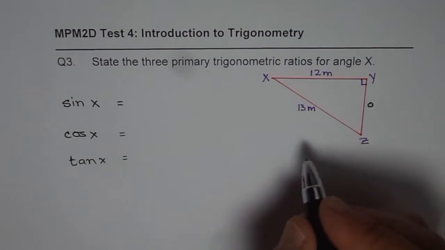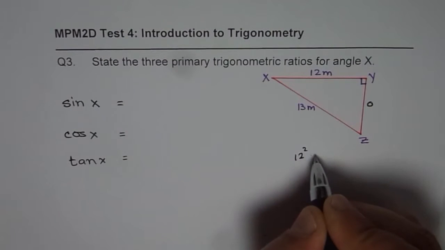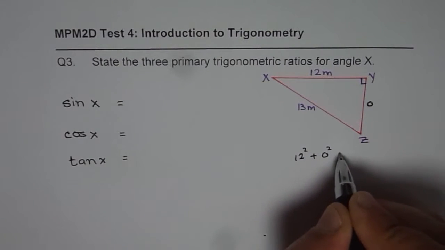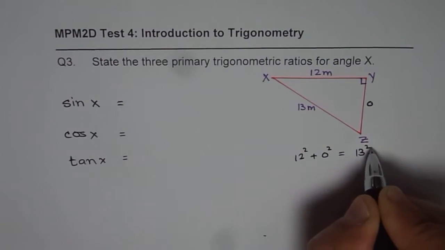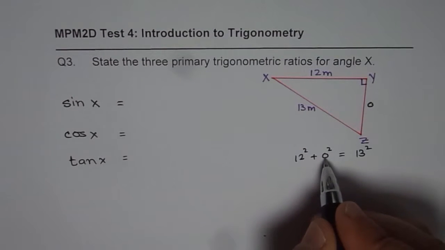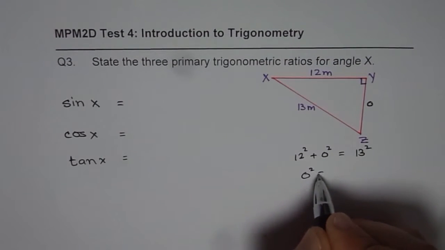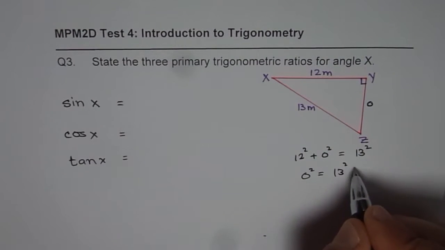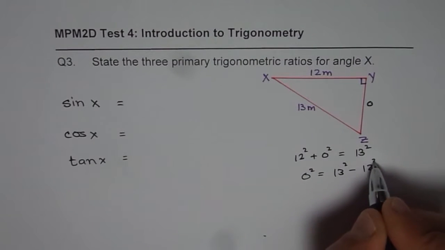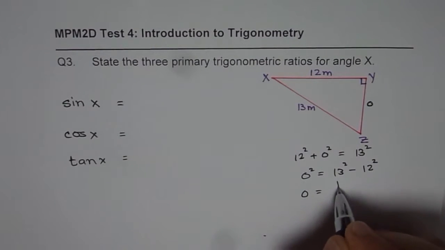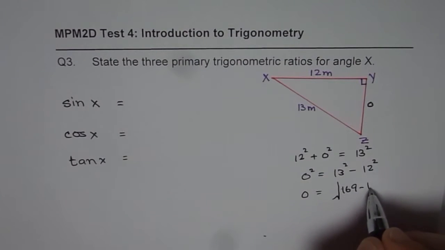Now, in this particular case, 12 square plus O square, which we don't know, is equals to 13 square. So O square, opposite side square, will be 13 square minus 12 square, and O will be equals to square root of 13 square is 169, 12 square is 144.